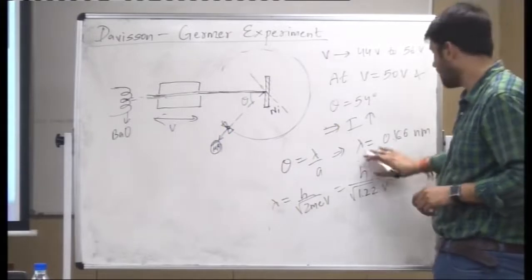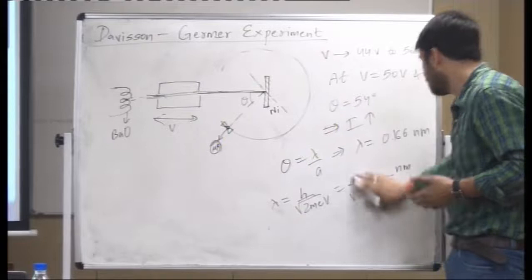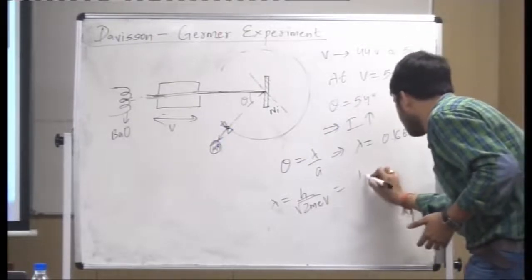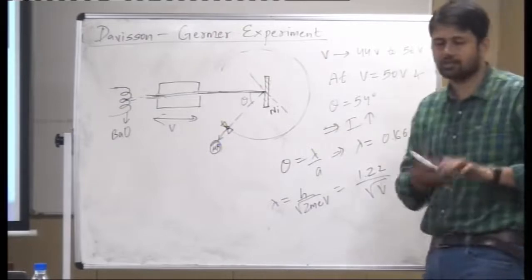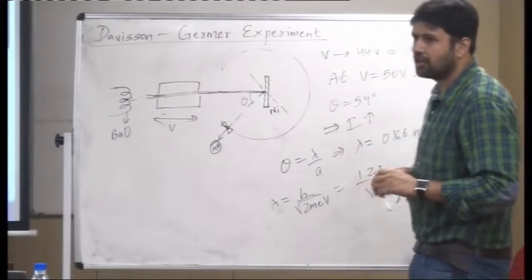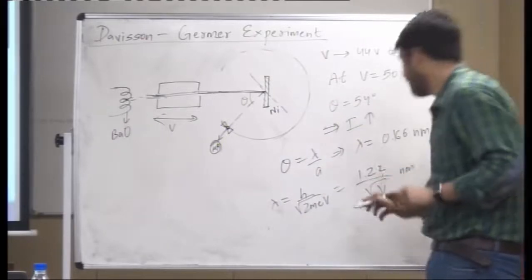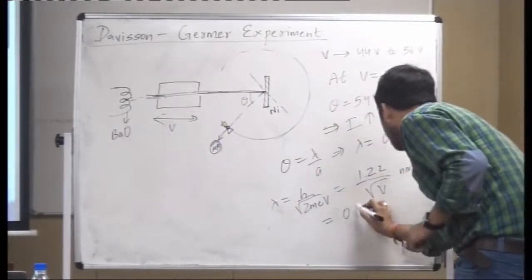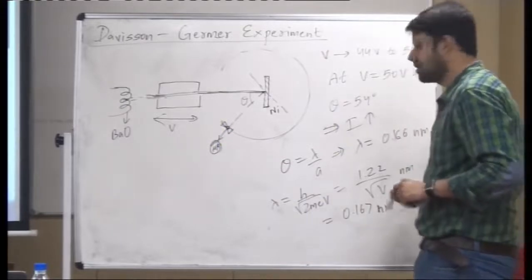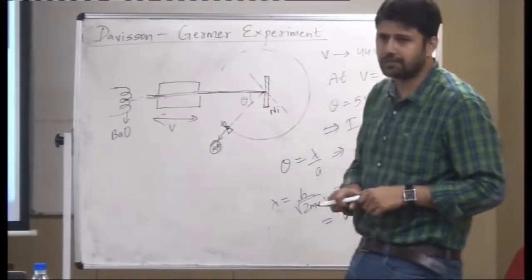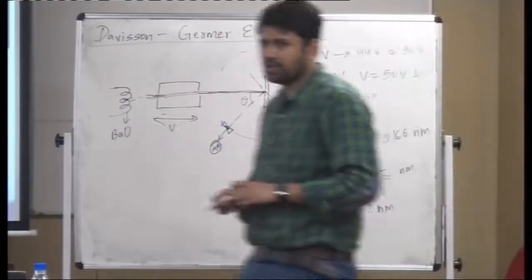In fact, h is also a constant, so this is 1.22 upon root v nanometer, fixed into the formula. All the constants are placed. So for v, the value was 0.167, which is in excellent agreement with the value observed experimentally. So they verified this. Is it okay?